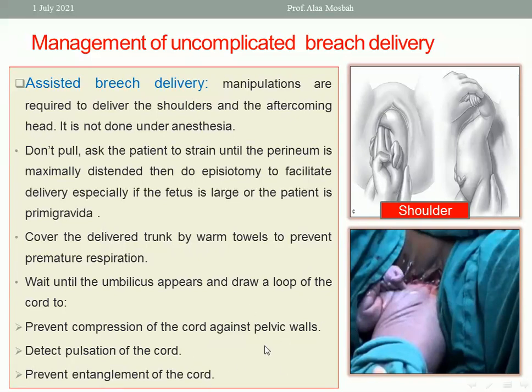And don't forget, as we mentioned before, the time allowed. The delay shouldn't exceed 5 minutes from the buttocks to the head and 3 minutes from the umbilicus to the head. Also, be careful about the tone of the muscle of the baby, and the color. It's very important.